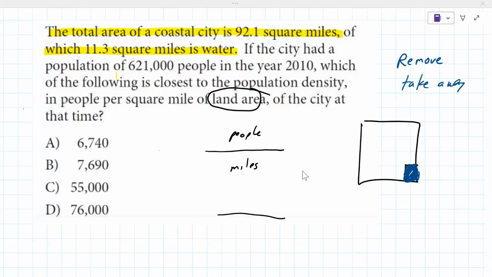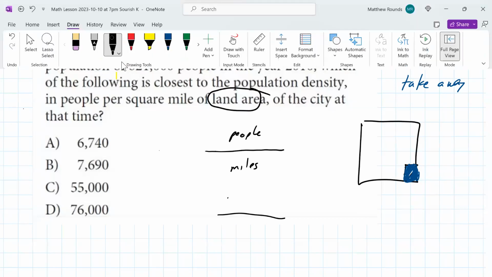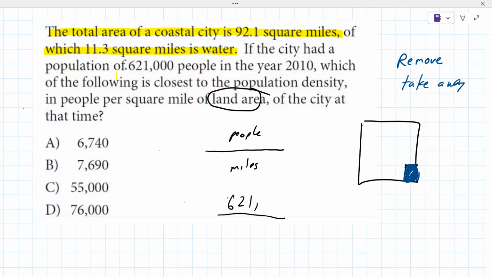Okay. Which number goes in the numerator? Yeah, the numerator is 621,000. And what number goes in the denominator? 80.8. Okay, can you divide those?